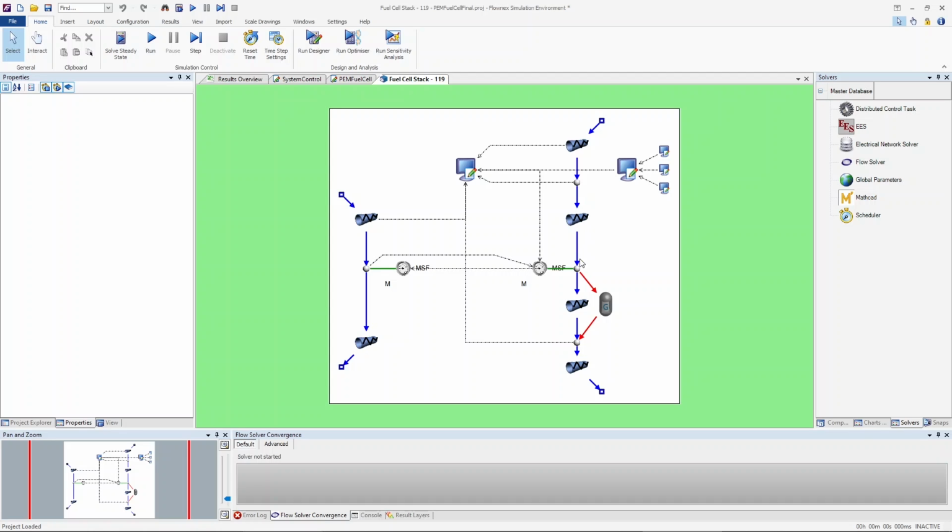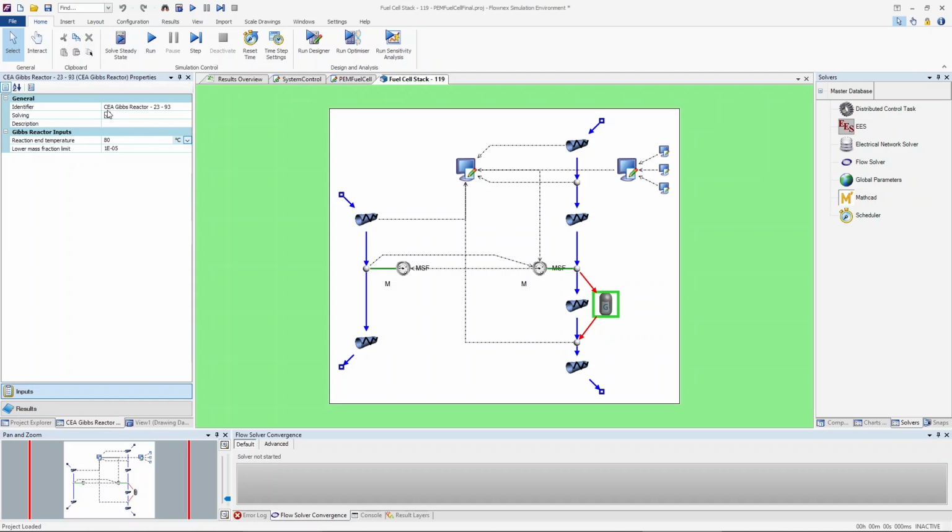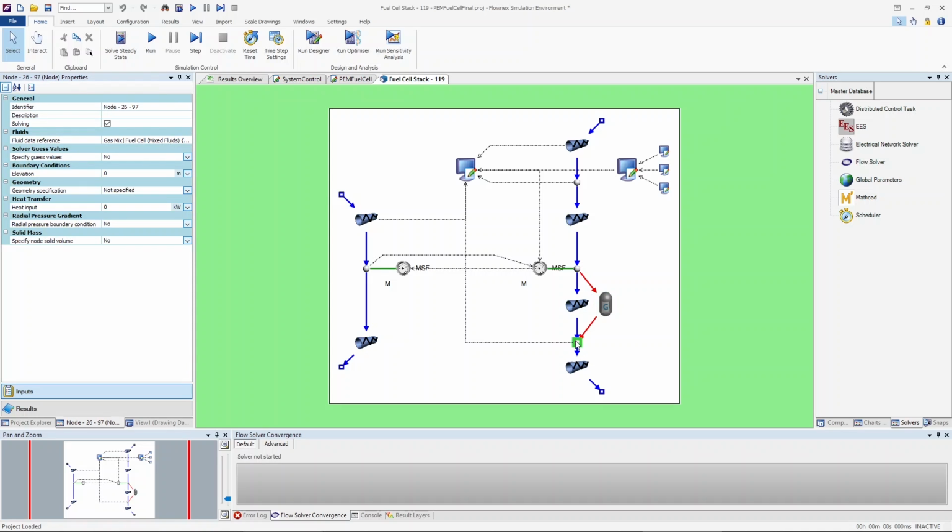Essentially then we feed this to our CEA Gibbs reactor, which creates the chemical reaction for the fuel cell, and then we do have a creation of more water during this fuel cell reaction.